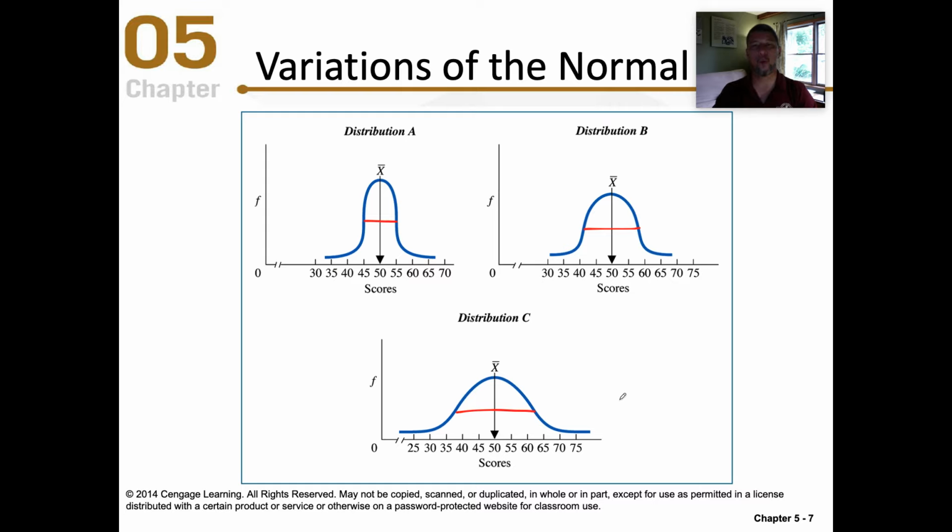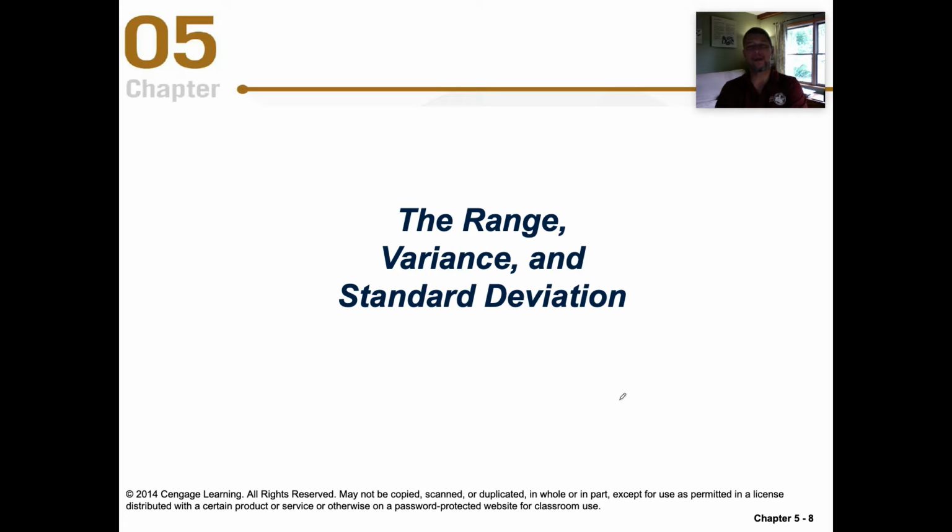And so there's a wider range of data in distribution C than there is in distribution A. Okay. So that brings us then to the actual math involved in calculating the range, the variance, and the standard deviation for each of these data sets that you might have a look at.